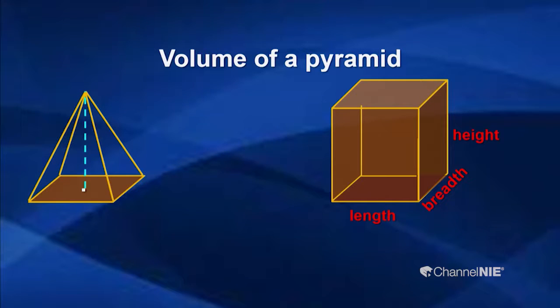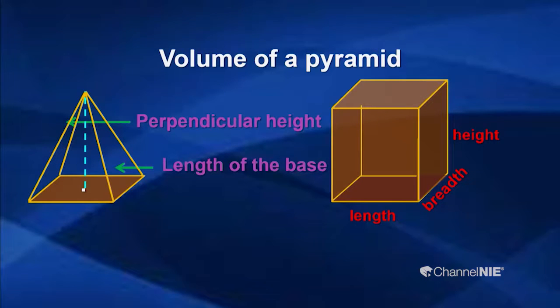So, considering the pyramid part and the cuboid and their height, here is the perpendicular height of the pyramid, right? You can see that is the perpendicular height of this pyramid, and that is the area of the base, right?